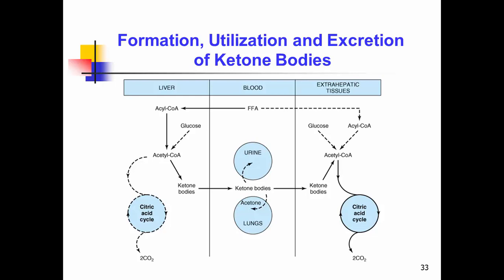Glycogen, of course, is broken down and released into the circulation to raise the blood glucose level. And our body is also able to make glucose from non-sugar precursors, right? We have a list of precursors for gluconeogenesis.